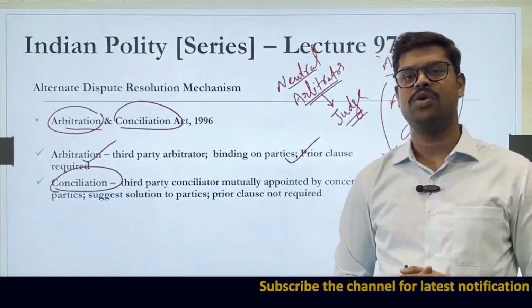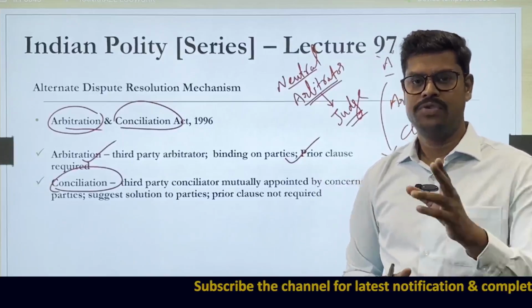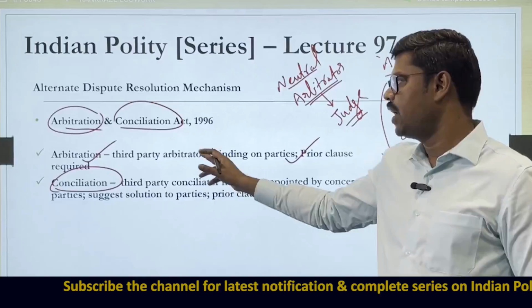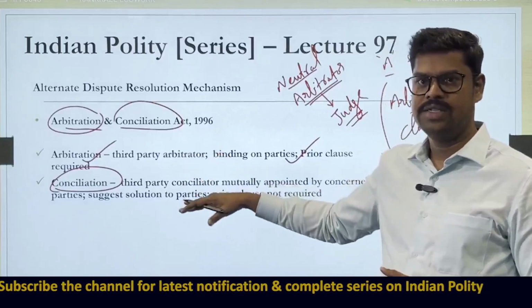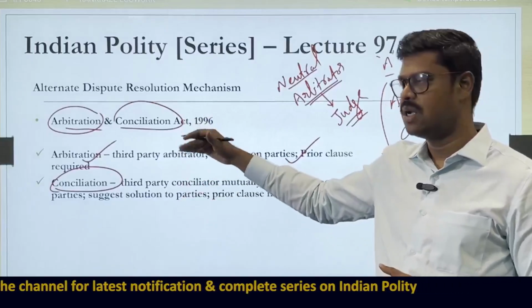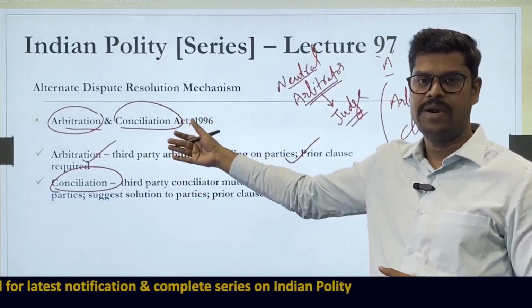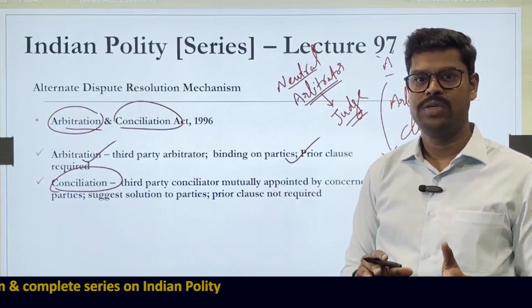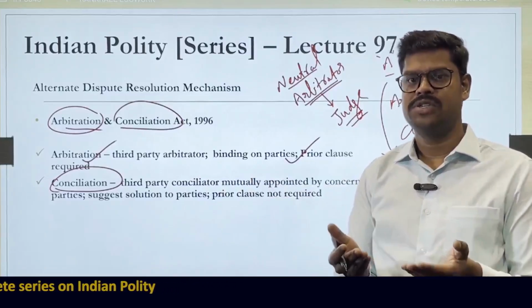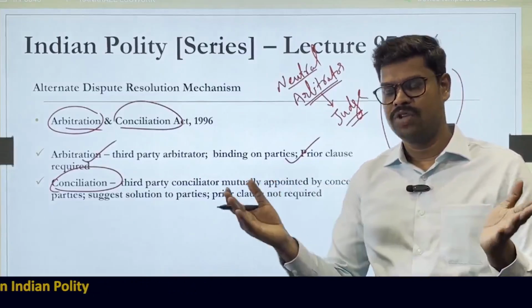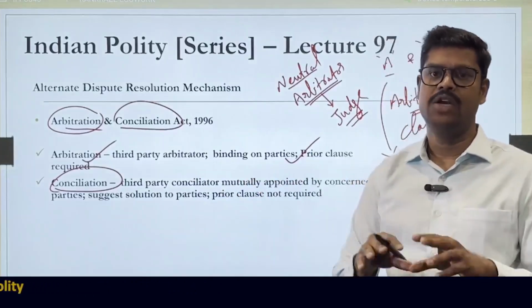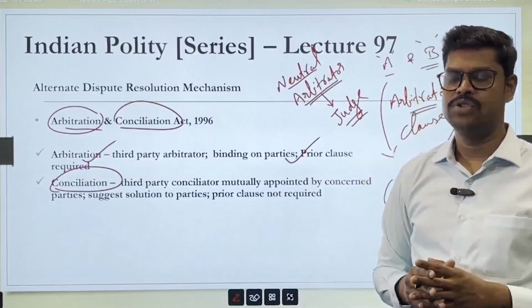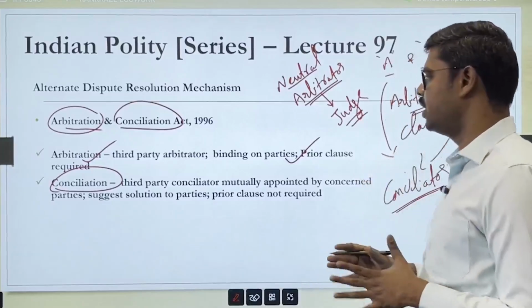So I'm sure that you understand the difference, but try to understand, be it in arbitration, once the award is passed by the arbitrator, that is binding upon the parties. In conciliation, the conciliator cannot pass any order, but if the two parties agree to it and enter into an agreement, then they are bound by that particular agreement.